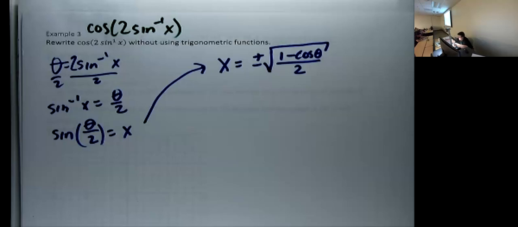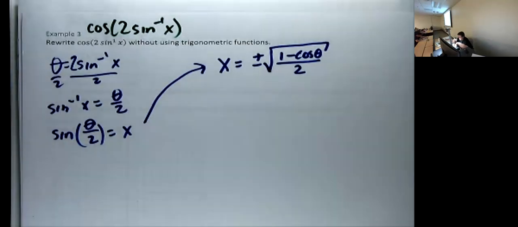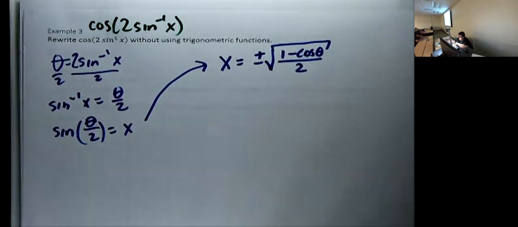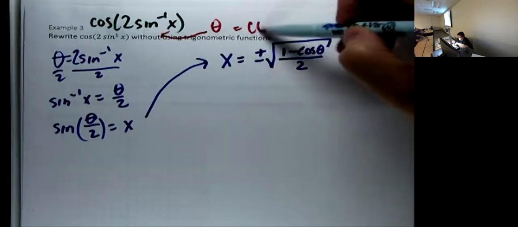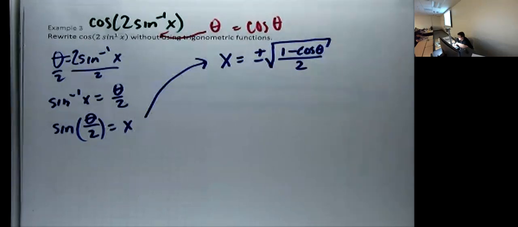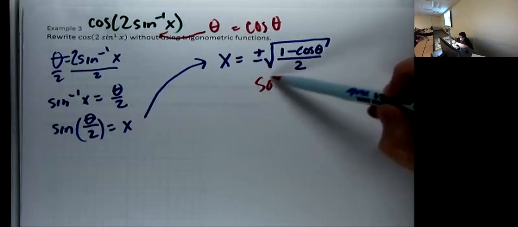But we are looking for cosine theta because I defined theta to be the inside there. Theta was the inside. So if I can find cosine theta, I found what I'm looking for. So we just solve for cosine theta here.